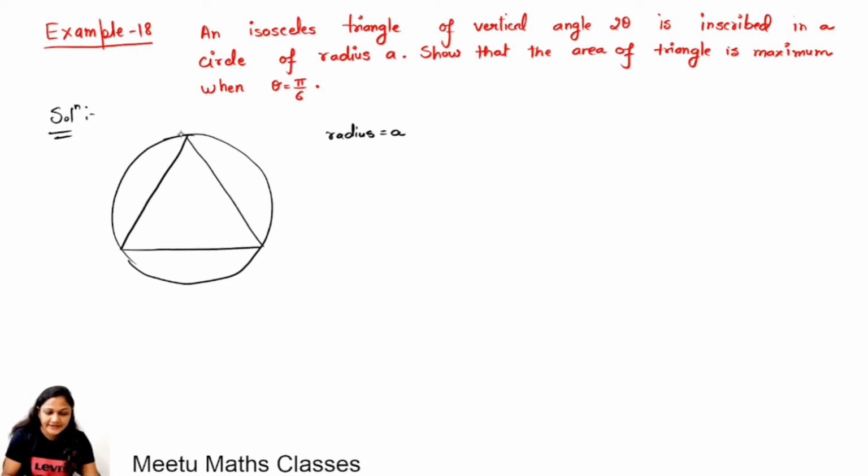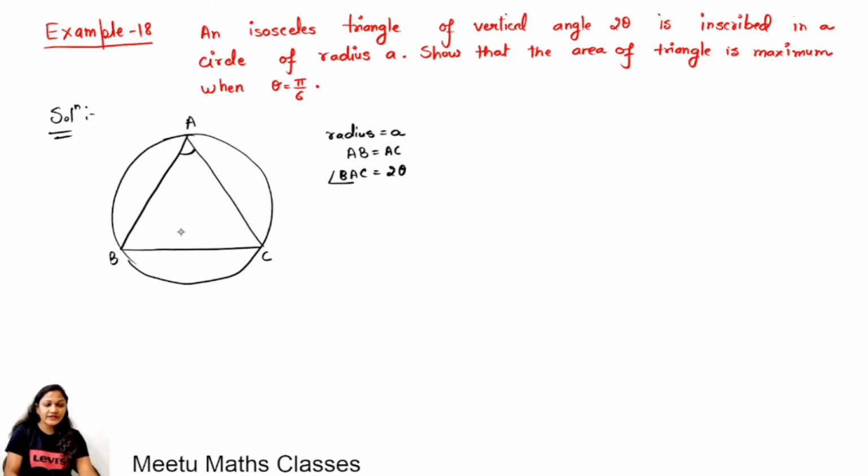So let ABC be an isosceles triangle with AB equal to AC and with vertical angle 2 theta. So angle BAC is equal to 2 theta. These are the things which we are given. We have to show that the area of the triangle is maximum when theta is equal to pi by 6.